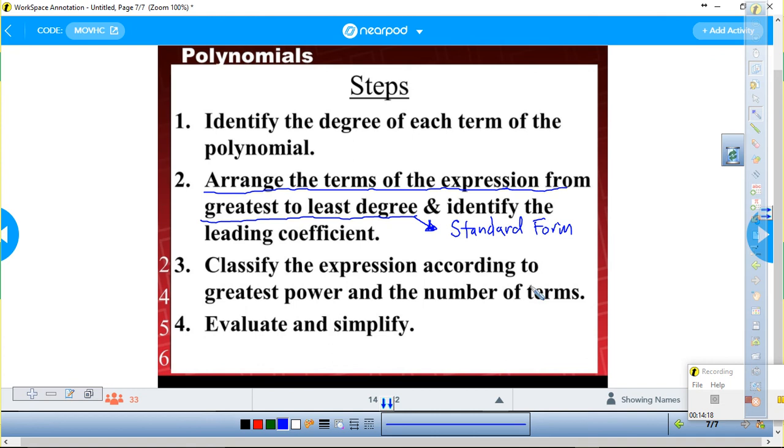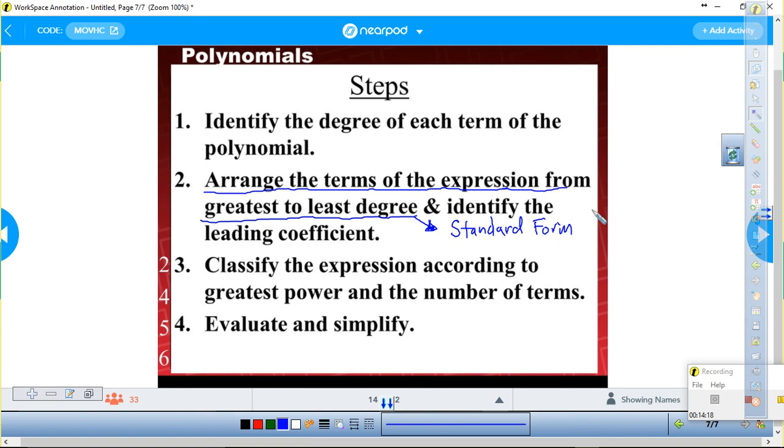Yeah, you actually saw this standard form in equations. They use this word a lot in math terminology to show you what a basic form looks like. So now, since we're in expressions, specifically polynomials, we're going to call it standard form when it's from greatest to least degree. Okay? So what does that look like?